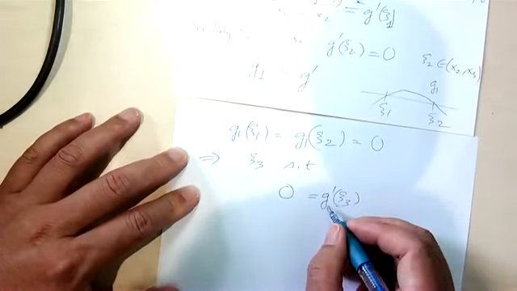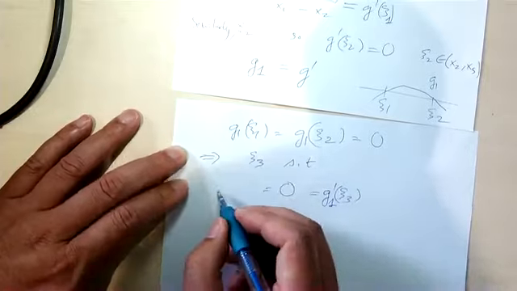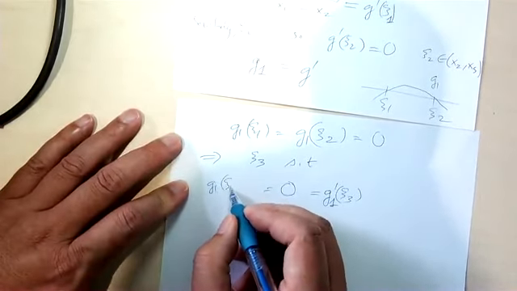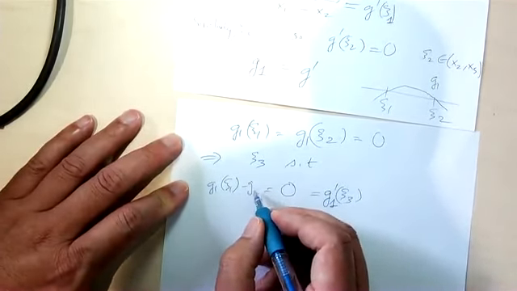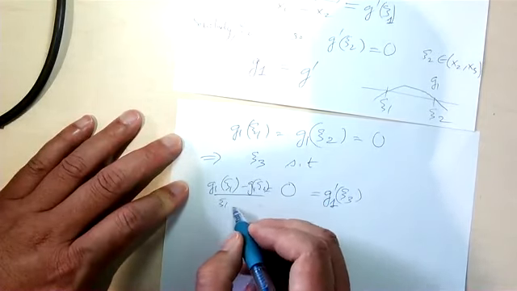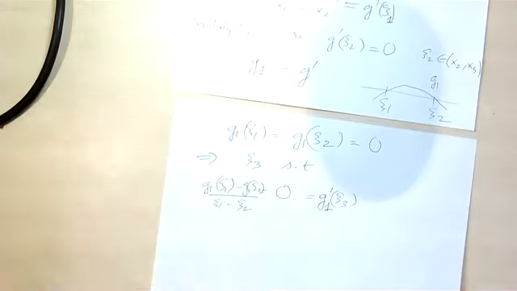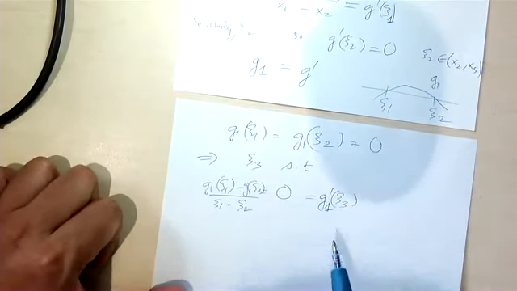Sorry, this one is psi 1 prime. And this one is just (g1(psi 1) minus g1(psi 2)) over (psi 1 minus psi 2), right? Okay? And now I just look at the last one.